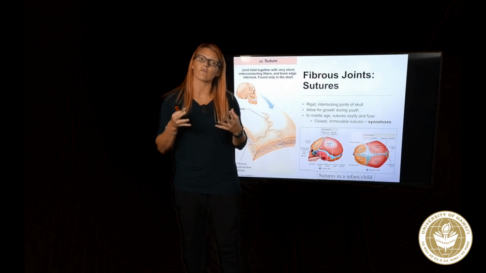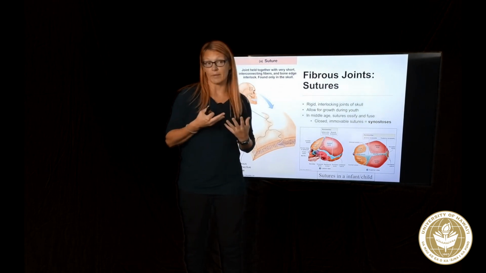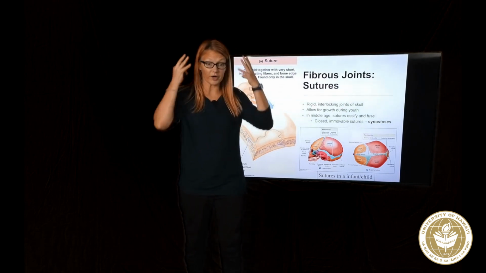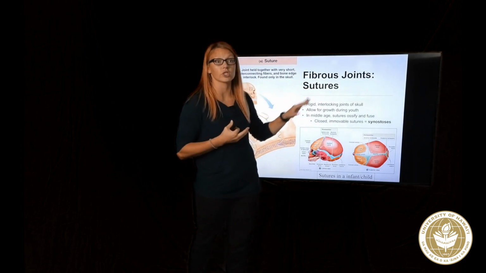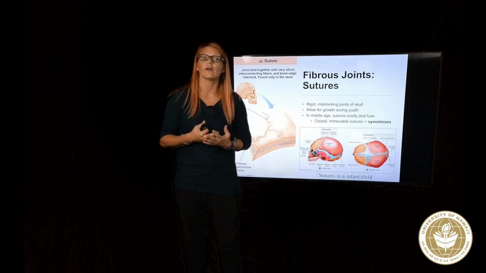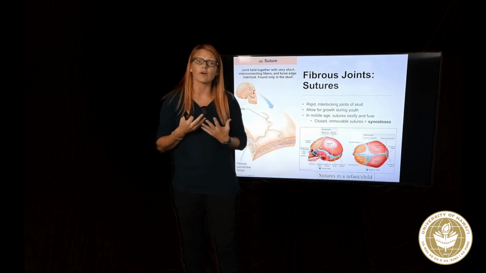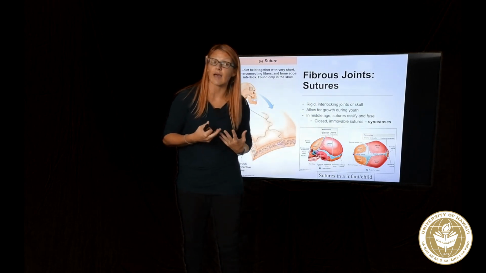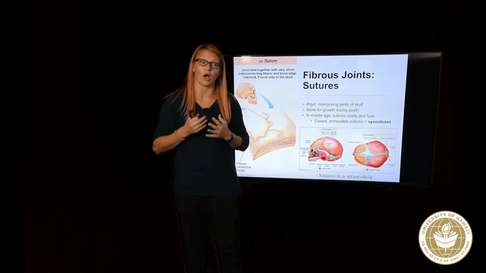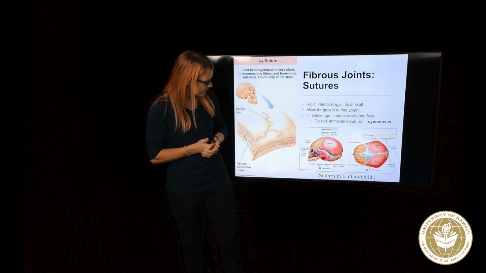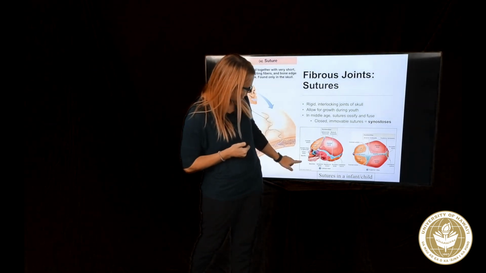And the movement of the cranial bones would damage the brain, right? We don't want our cranial bones to be moving. So it's really important that these sutures are immovable, right? The immovable nature of our skull is actually a protective adaptation that happens over time in order to protect our brain.